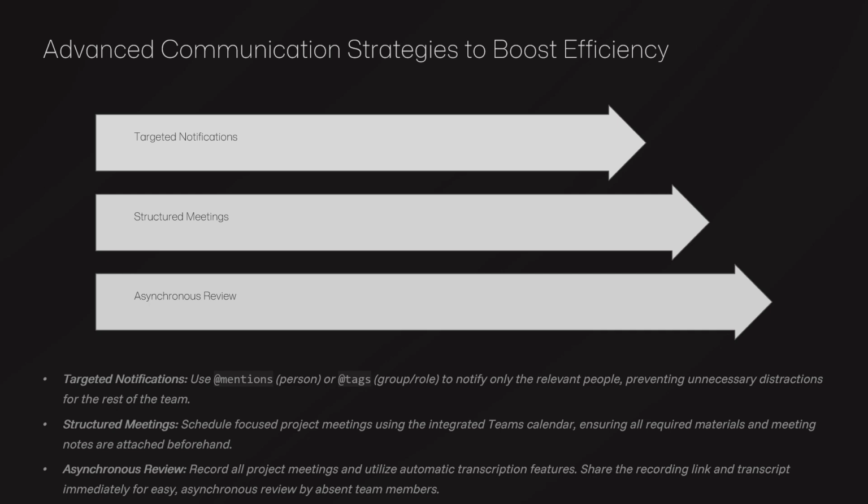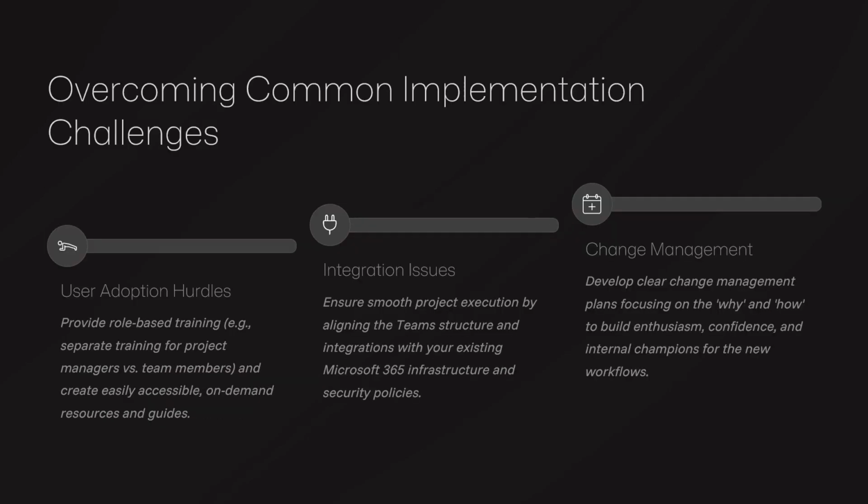Ensure all required materials and meeting notes are attached beforehand. Asynchronous review: record project meetings and utilize automatic transcription features. Share the recording link and transcription immediately for easy asynchronous review by absent team members.